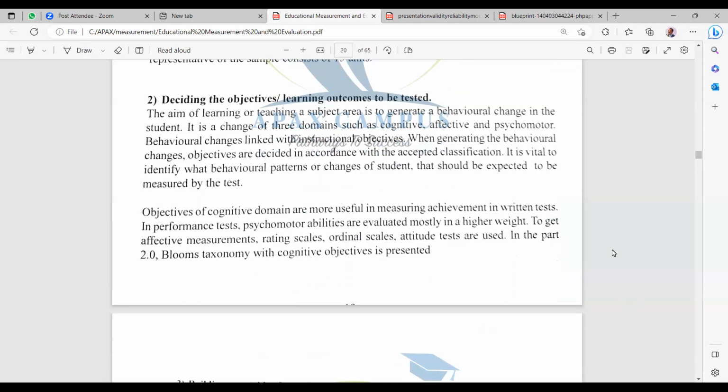The aim of learning or teaching a subject area is to generate a behavioral change in the student. The most commonly accepted definition of education everywhere is that education is change of behavior. So if you learn something, there's a change of behavior at the end. It's not the physical behavior only. For example, a student in grade 3 is where we introduce the English subject, right?